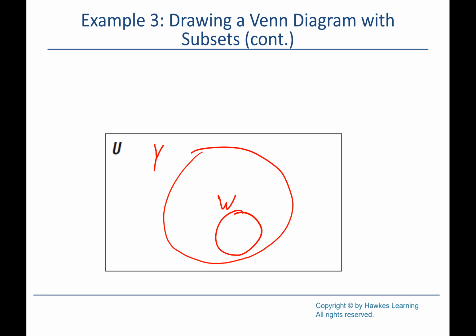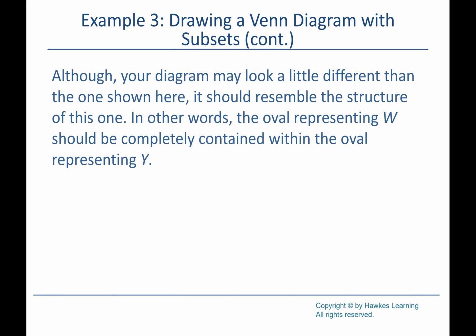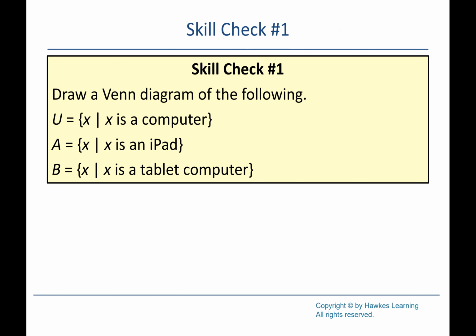Let's do another one. Let's draw another diagram. Let's try to draw this one. So it says our universal set is a set of computers. It says A is a set of iPads, and B is a set of all tablet computers.